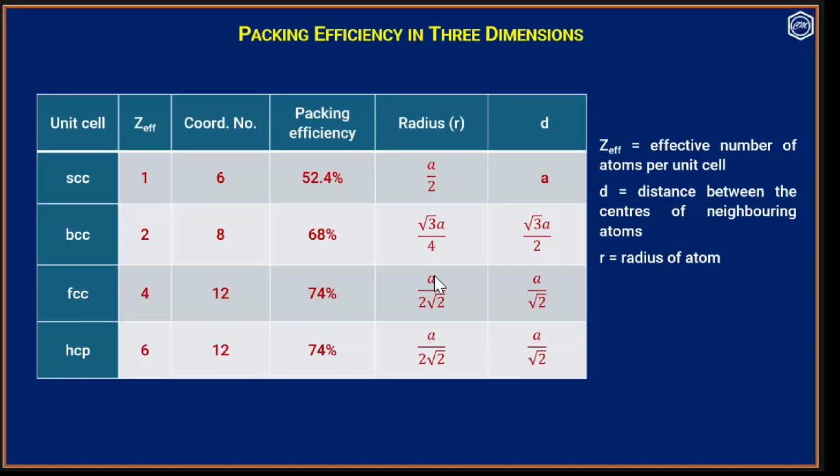So the relation between radius and edge length is a by 2 root 2. In hexagonal close packed structure, effective number is 6. Coordination number is again 12. Efficiency also is the same, 74%. And the radius is related to edge length as a by 2 root 2.